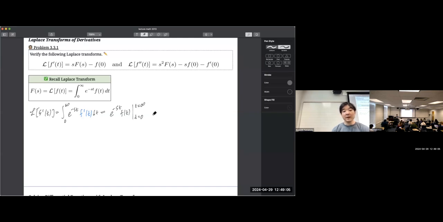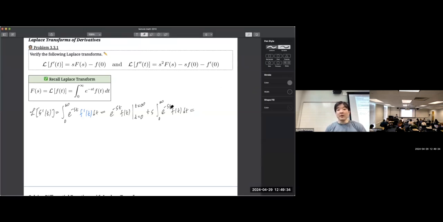And then you have minus, then I take the derivative of e to the negative st, so it's going to be plus after you do that, because a negative s pops out. And this s I'm going to pull out because it's not the integration variable. So it's going to be 0 to infinity of e to the negative st f of t dt.